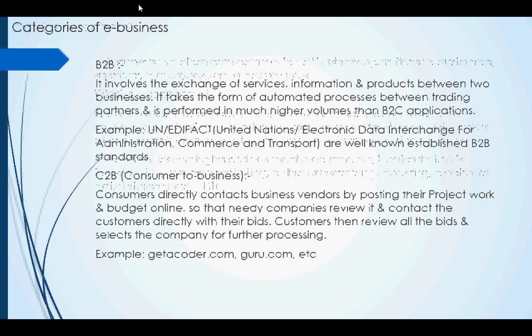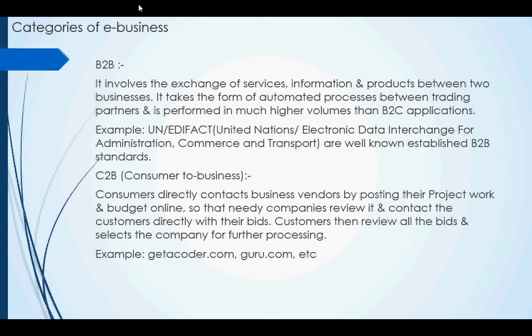Let us have a discussion on these categories of e-businesses in international business. B2B, business to business. It involves the exchange of services, information, or ideas, and the products between two businesses.